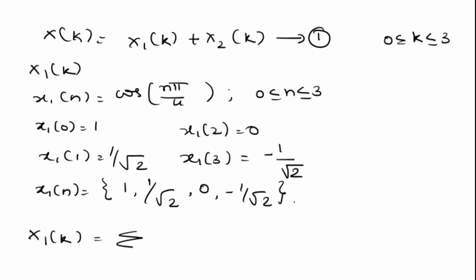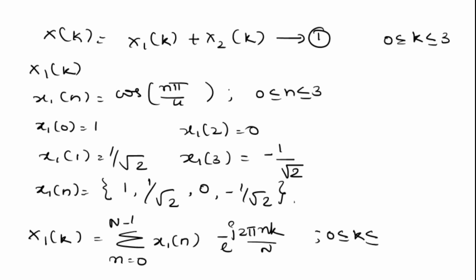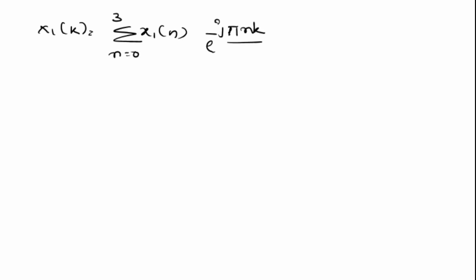Write the formula: summation n is equal to 0 to N minus 1 x1 of n into e power minus j 2 pi nk by N, where k varies between 0 to 3. Or x1 of k is equal to summation n is equal to 0 to 3 x1 of n into e power minus j pi nk by 2, where k varies between 0 to 3.